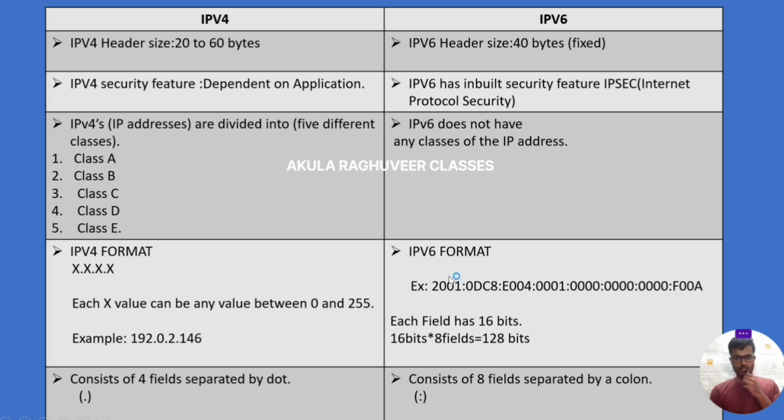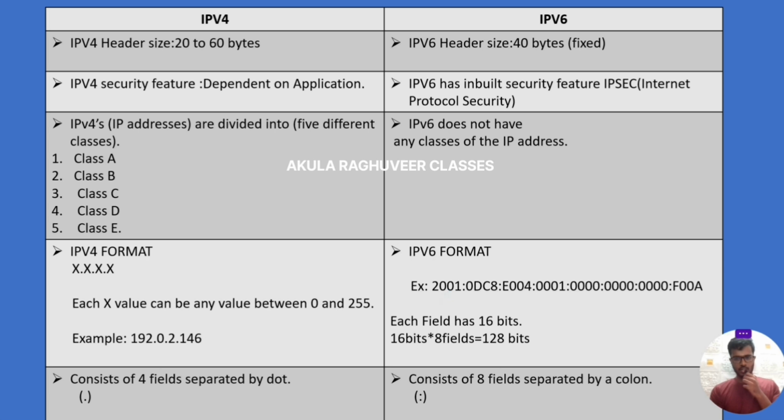Whereas in IPv6 format, we have eight fields: 1, 2, 3, 4, 5, 6, 7, 8. The separation between two fields is a colon. Each part in between separations is one field. There are eight fields in IPv6. Each field has 16 bits.